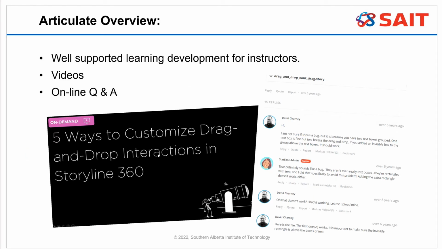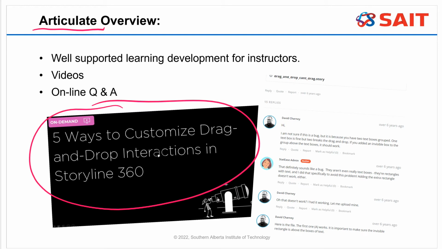One of the key things about Articulate is that it has a huge amount of support to help instructors learn about it. And that's one of the things I discovered by going through the process of actually trying to create some of these interactive scenarios, is that they've got a huge amount of different support videos to get you orientated and using some of the different elements.